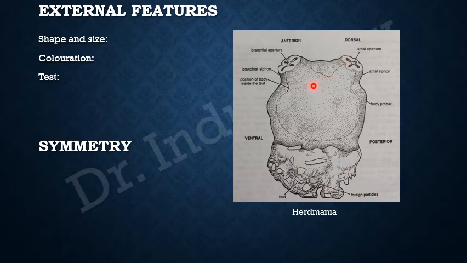The color of the animal is pink originally when it is born, when the animal is new, and as it ages the test becomes opaque due to the deposition of many things which are present in the sea water.